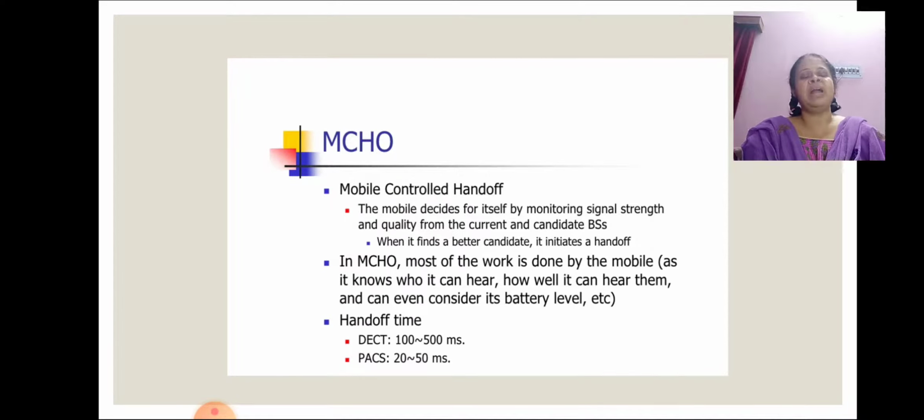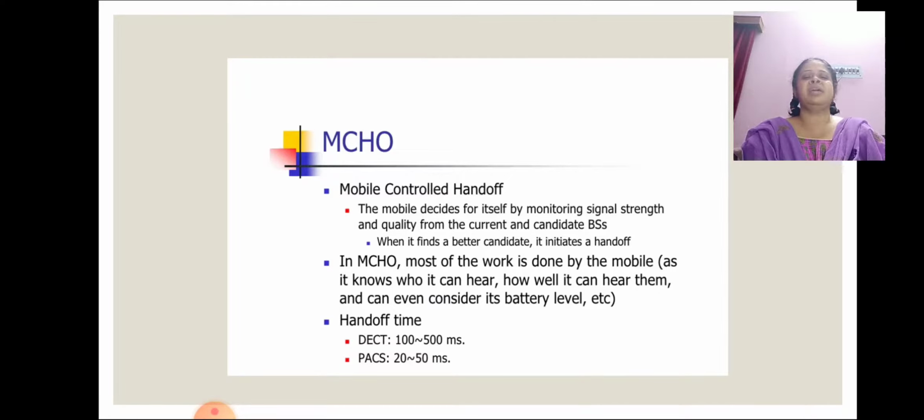MCHO, mobile controlled handoff. The mobile decides for itself, monitoring signal strength and quality from the current and candidate base stations. When it finds a better candidate, it initiates a handoff.